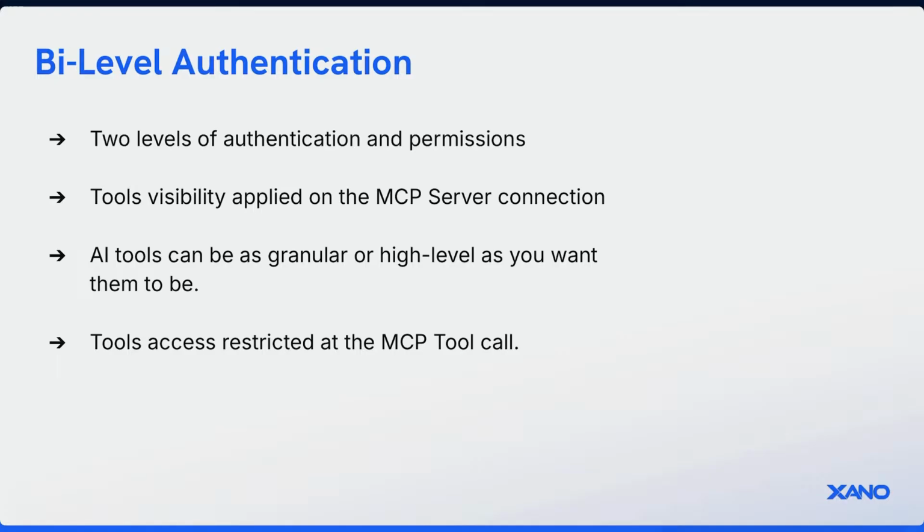In Xano, what this means is that you can include both roles in the logic and validate who's calling the tool and who they're working for. You can also scope access per task using MCP triggers and MCP middleware.